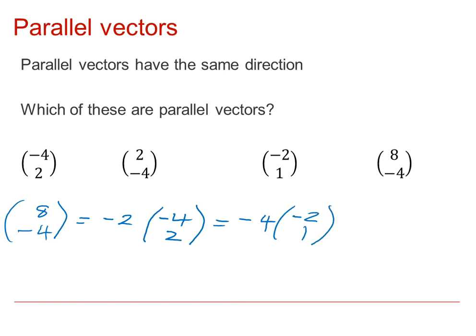So those three vectors are parallel vectors. However, (2, -4) is not parallel. You may wish to pause the video here and draw those vectors on graph paper just to check.